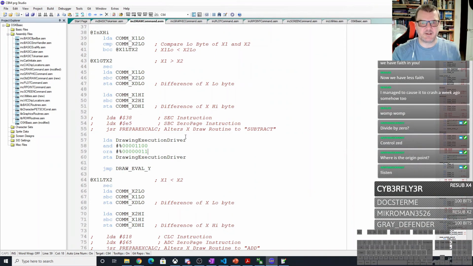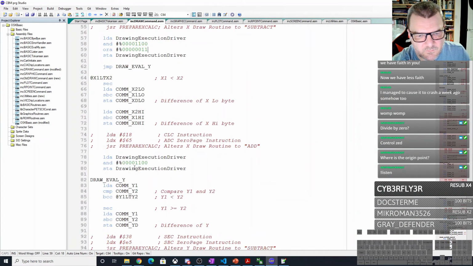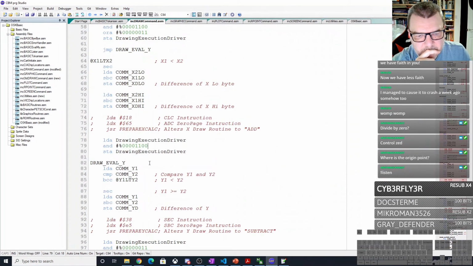X1 is greater than X2, so therefore we're going to be subtracting on the X. So that's fine. That's fine. X1 is less than X2, so that's right here. Okay.